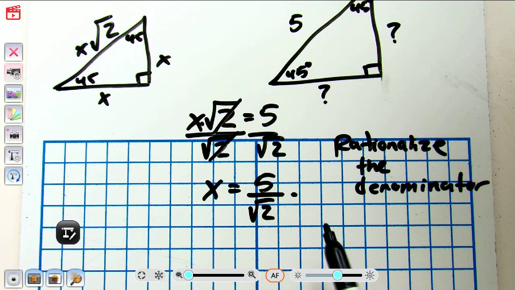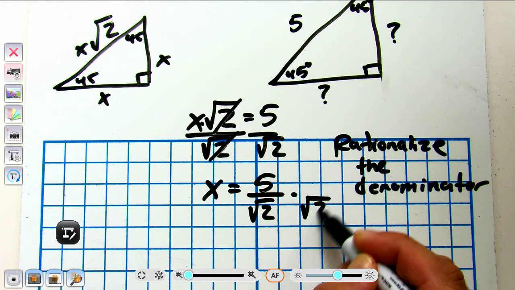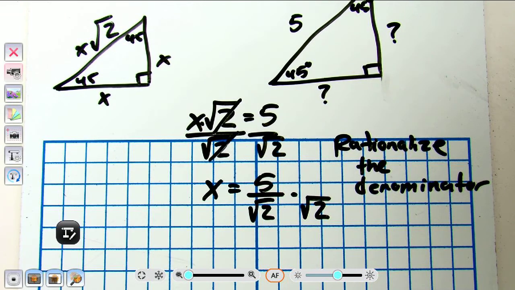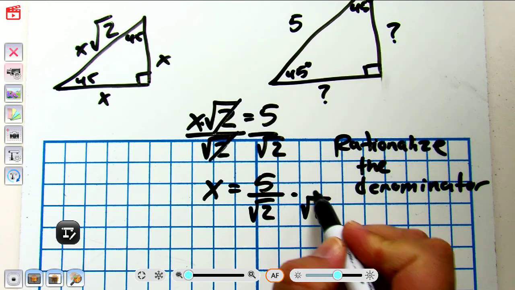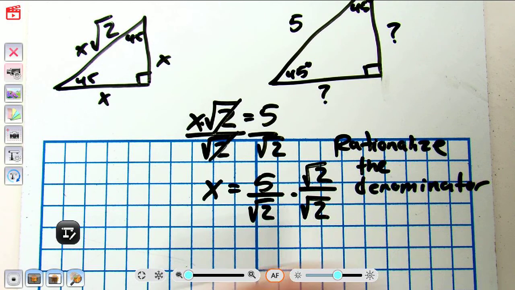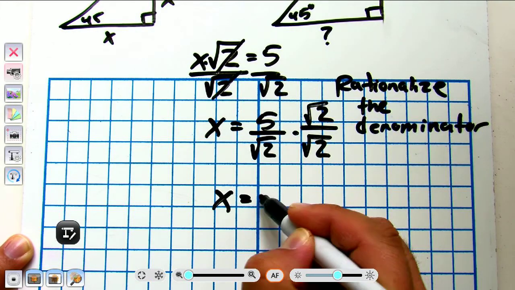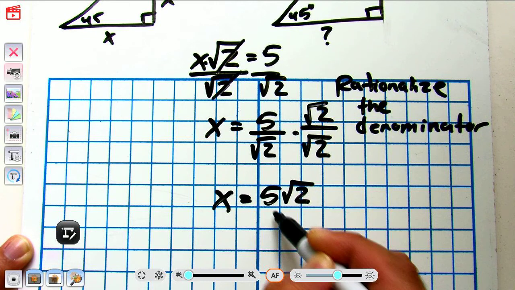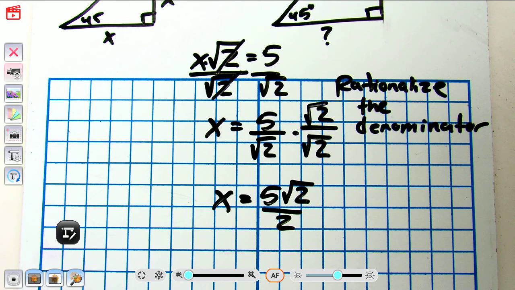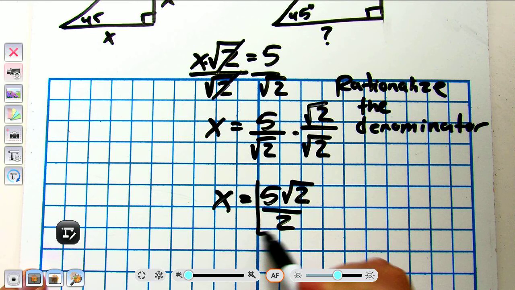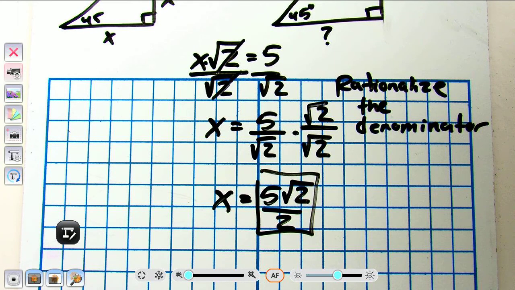Now because I multiply the denominator by square root 2, I'm also going to multiply the numerator by square root 2. Whenever we multiply a square root by itself, it just becomes a number inside the square root. So my answer would be x equals 5 times square root 2 divided by 2. So 5 square root 2 divided by 2 is in its simplest form, and that is what x equals.